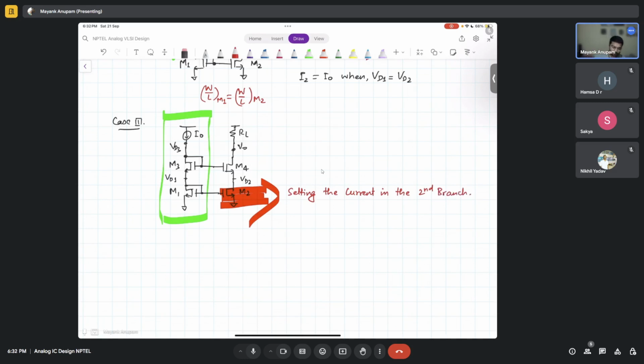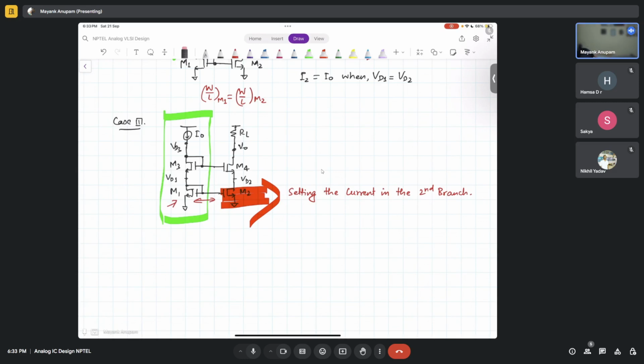Right. Okay. And if you look at it closely, the gate of M2 is being controlled by the gate of M1, right? I mean, they are connected together, isn't it? So whatever gate voltage is being sensed by M1, the same voltage is being fed to M2, isn't it?